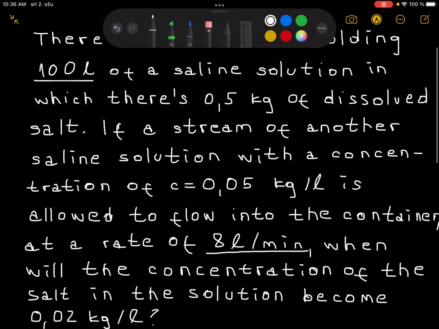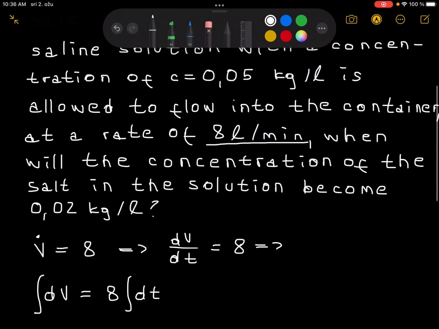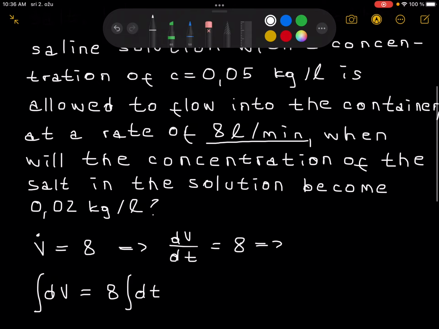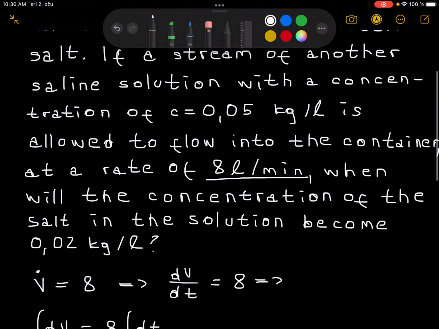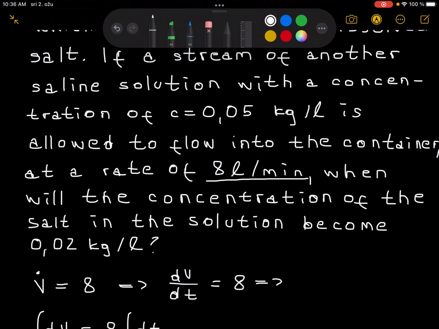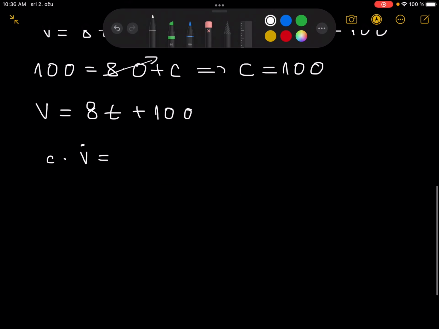Now let's go ahead and do the same thing for mass. How much mass of salt are we exactly getting into the container? If we multiply C and V prime of the inlet flow, we'll get 0.05 kilograms per liter times 8 liters per minute.